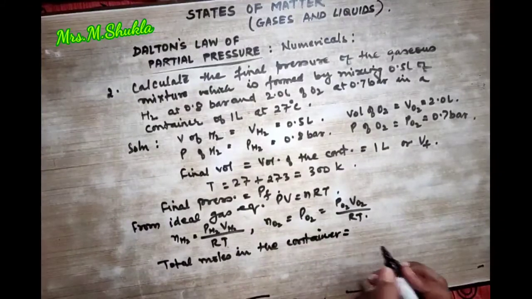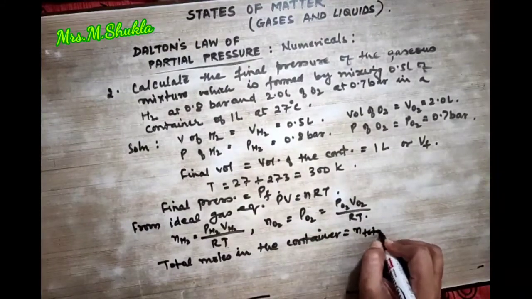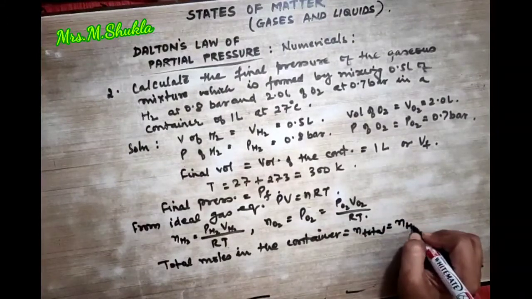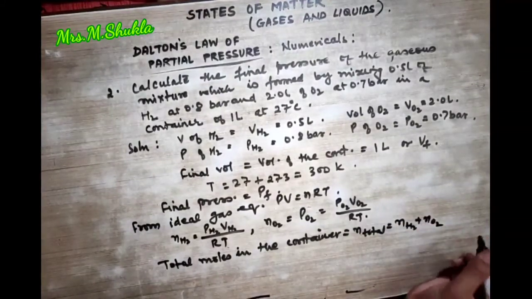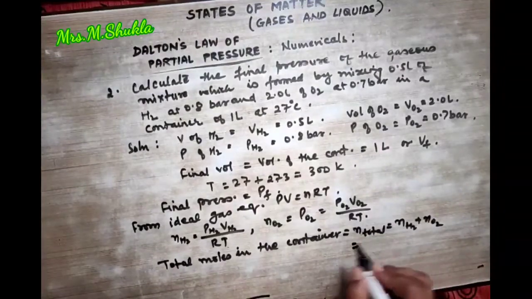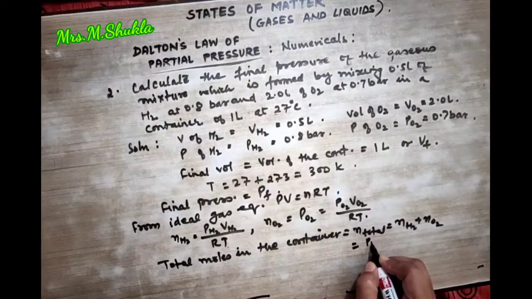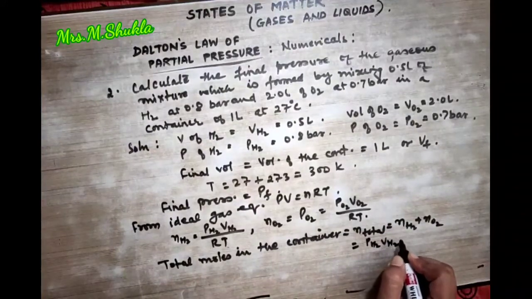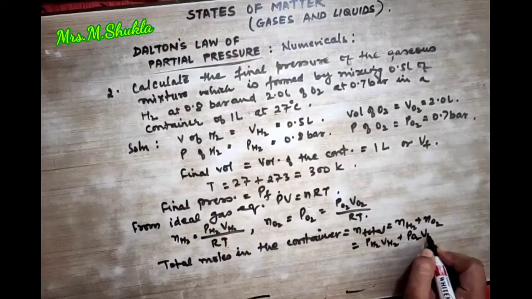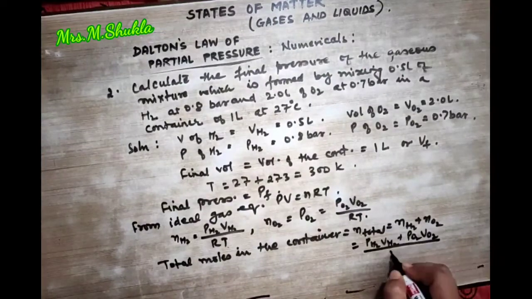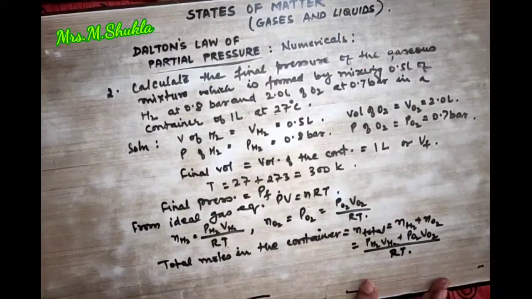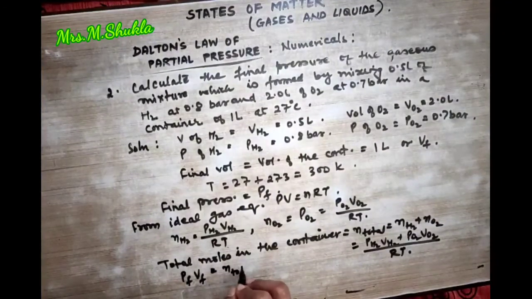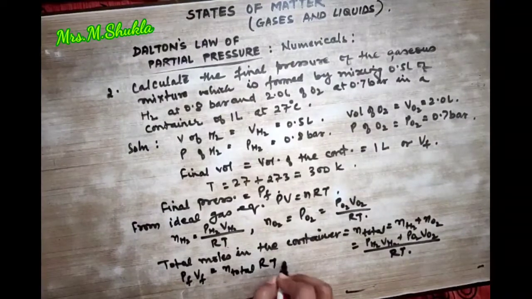Total moles in the container will be N total equal to nH2 plus nO2, which is pH2 VH2 plus PO2 VO2 upon RT. Thus the ideal gas equation gives P final upon V final is equal to the total number of moles into RT.